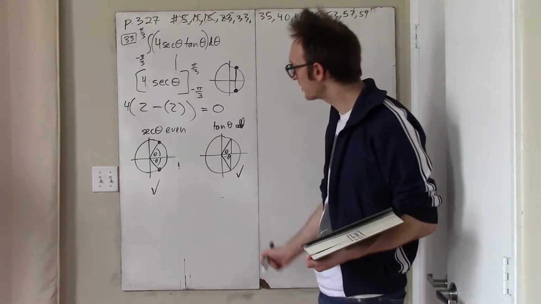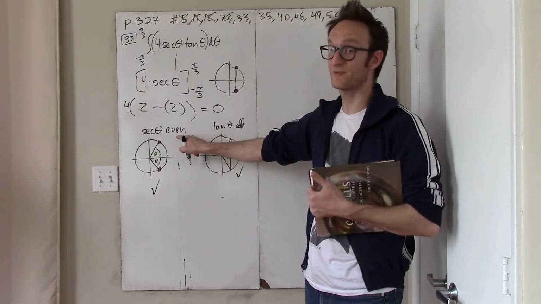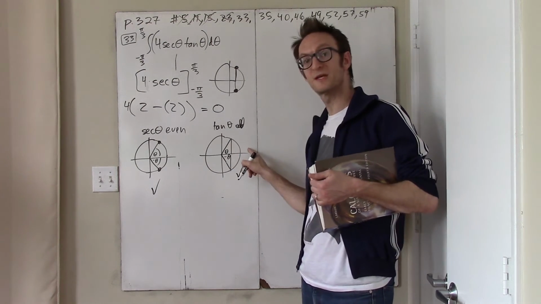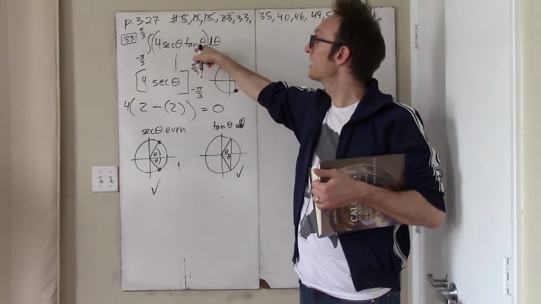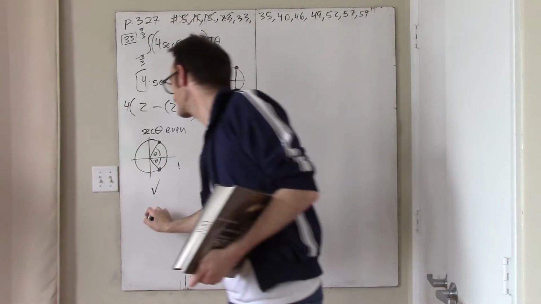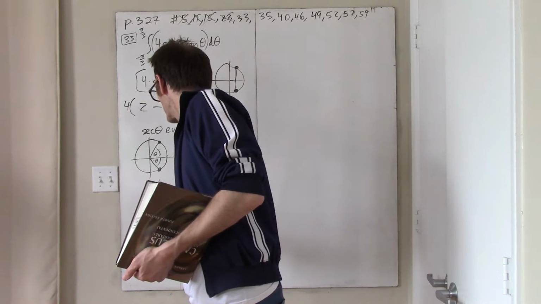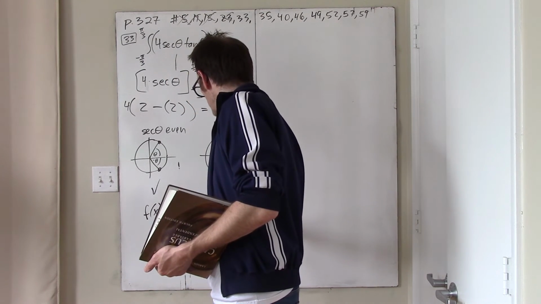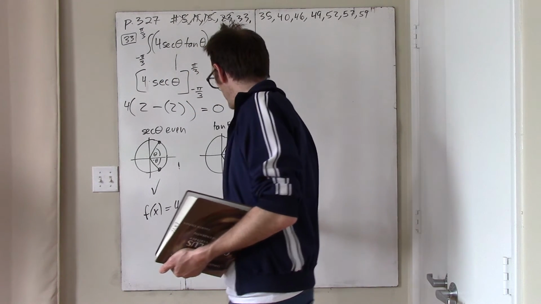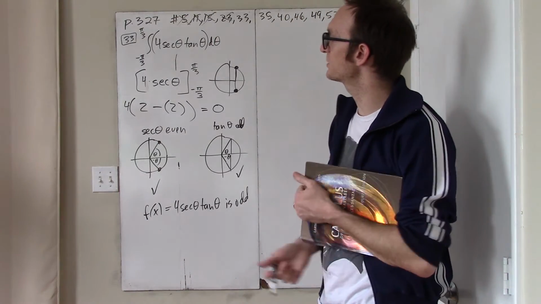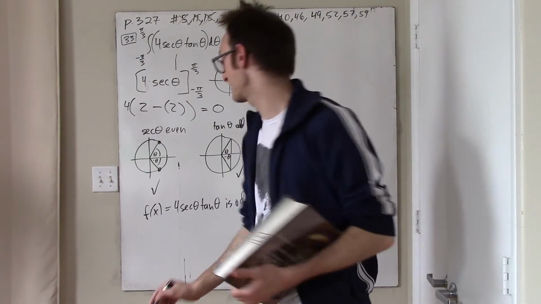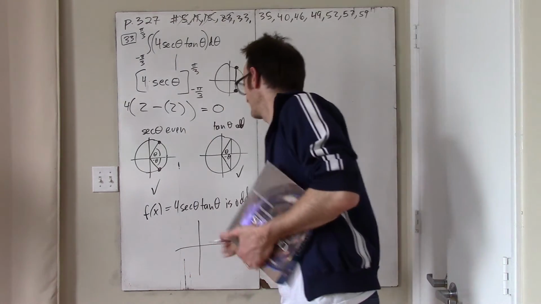Okay, this is a very long-winded way of saying if secant is an even function, it is, and tan is an odd function, it is, then the product of an even and an odd function will be odd. And so it's just a fact that secant theta tan theta is odd. And if you give me an odd function and you ask for the integral from negative pi over 3 to pi over 3, then I can just guarantee that that's going to be 0.